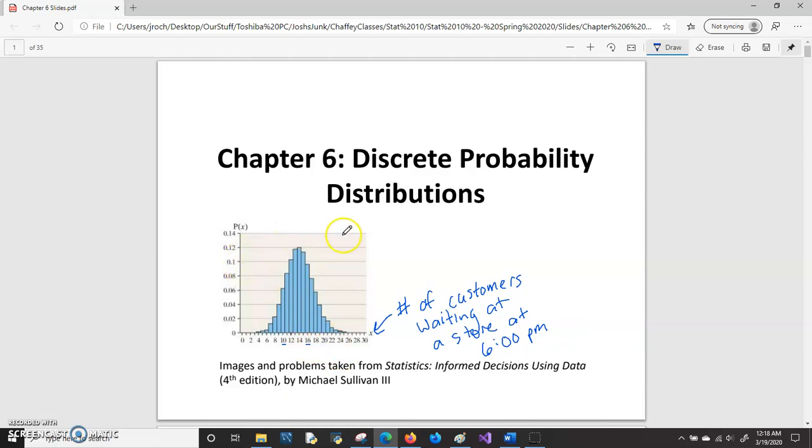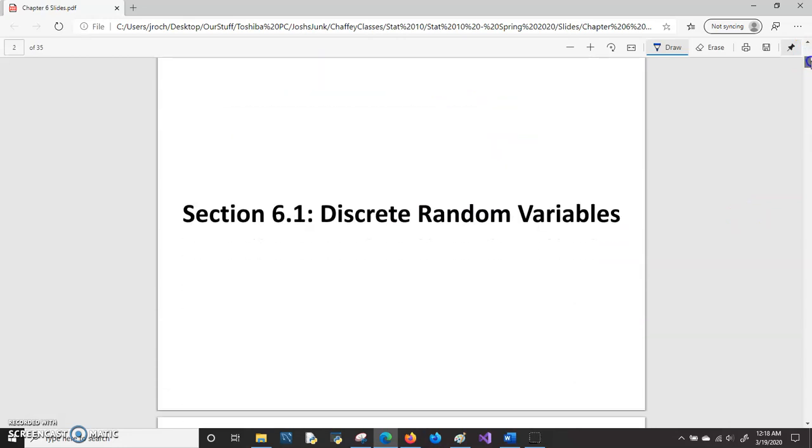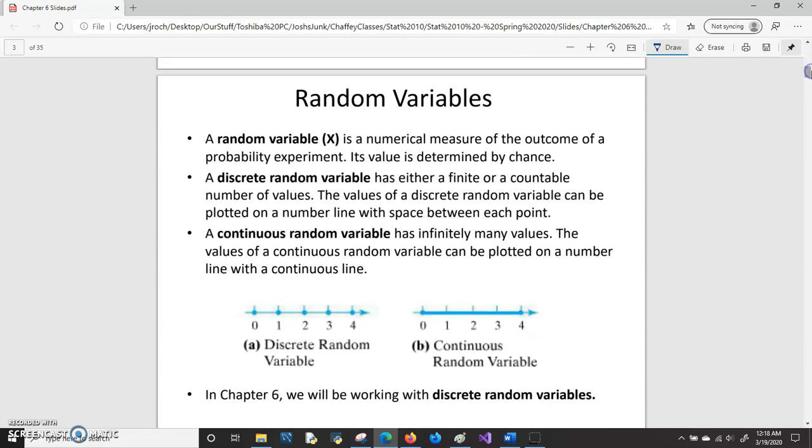So that's the idea. You're working with probabilities for every possible value of x. You'll hear the term random variable quite a bit in this chapter and afterwards. And random variable is just a variable. They call it a random variable because it's a variable that's determined by chance.